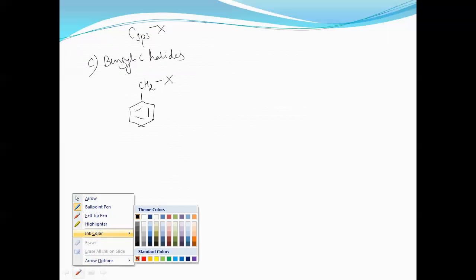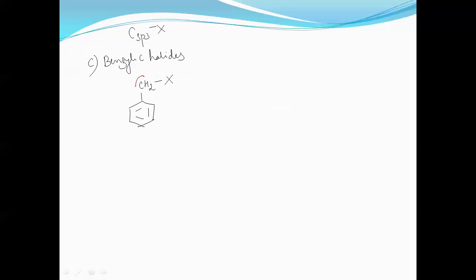Here, the halogen is attached to a carbon which is sp3 hybridized, which is next to an aromatic ring. This carbon which is attached to an aromatic ring is called a benzylic carbon. Directly attached to the aromatic ring is called a benzylic carbon, and the halogen in this case is attached to this benzylic carbon, so these are called primary benzylic halides, or benzyl halides.